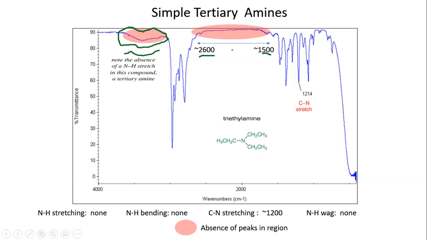Now the only unique peak you'll see for a simple tertiary amine is the CN stretch, which is around 1200. So you see a peak around 1200, no peak around 3300, nothing between 2600 and 1500, and nothing at 750.